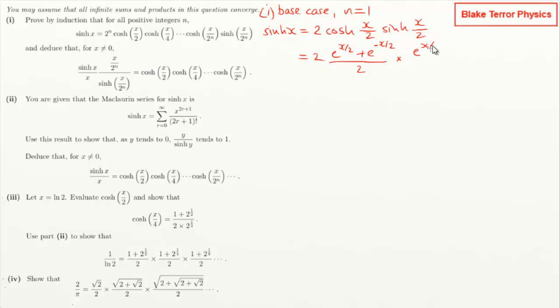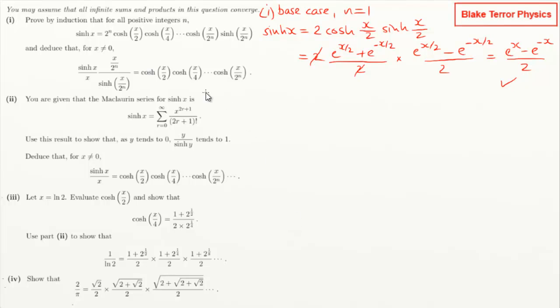Cancel those 2s, and I get e^x minus e^(-x) over 2, which is fine. So that shows the base case is okay.